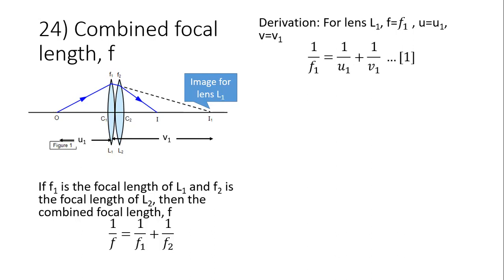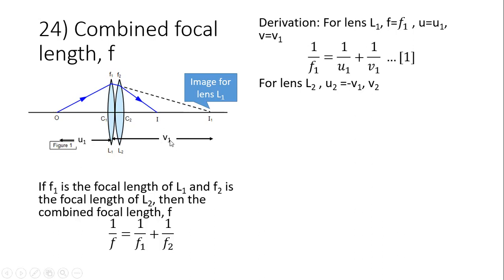Now look at lens 2. For lens 2, you have your focal length, the object distance, and your image distance. That's your lens 2, so 1 over F2. This now becomes the virtual object, that's why you have minus V1.